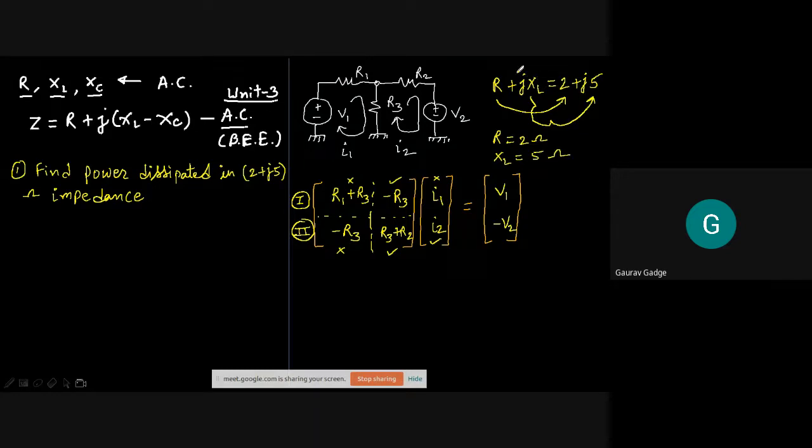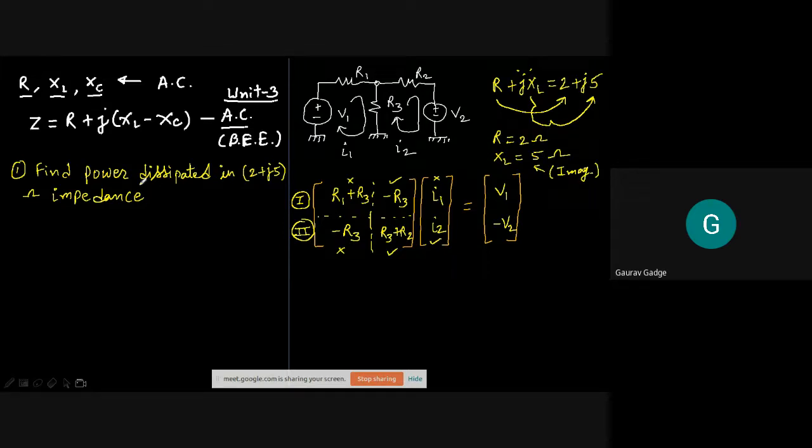But this J indicates that the XL term is imaginary. You have already learned the concept of real part and imaginary part in mathematics. So in 2 plus J5, 2 is the real part, resistance, and J5 is the imaginary part, that is inductive reactance.